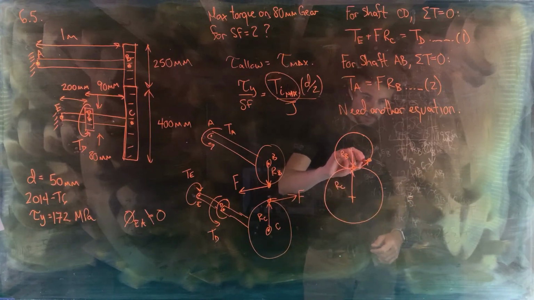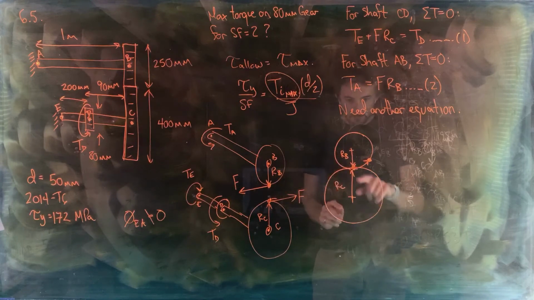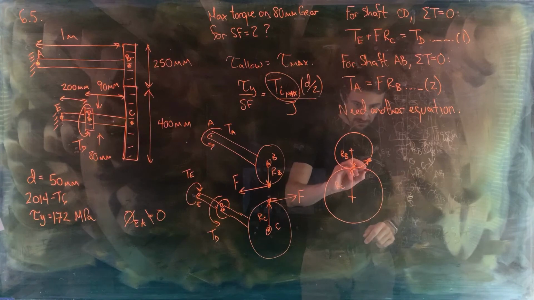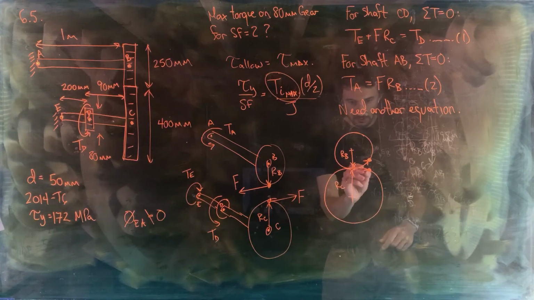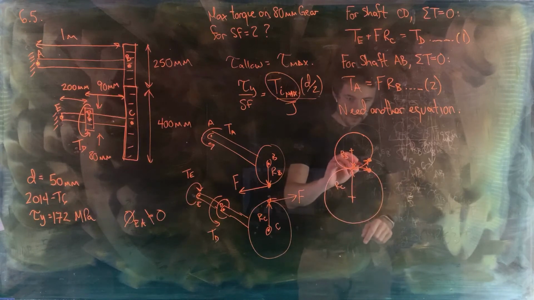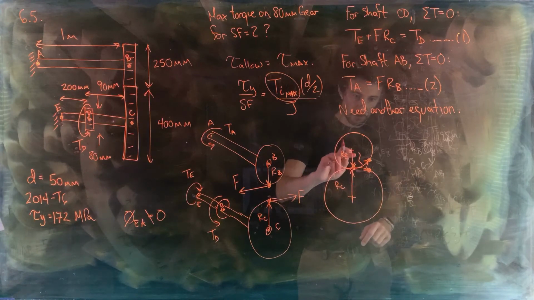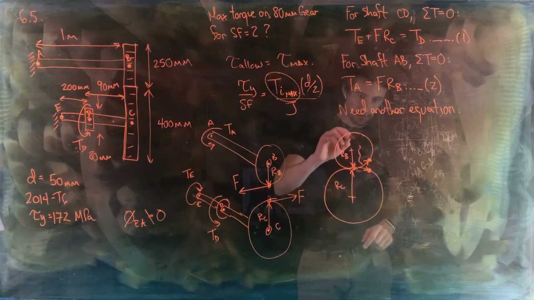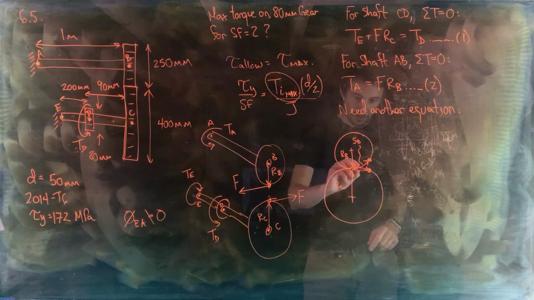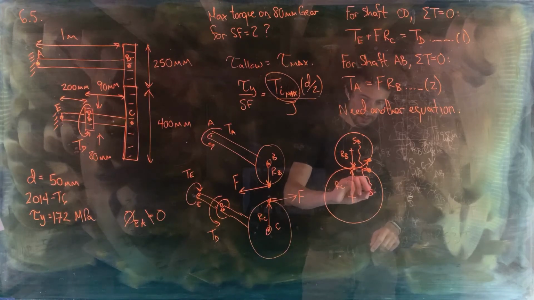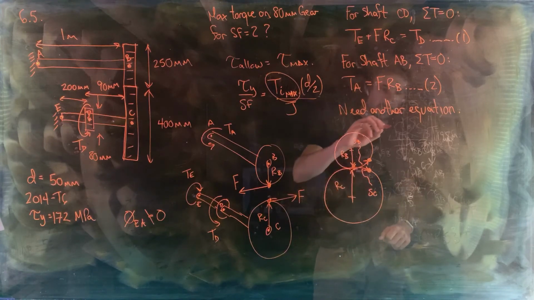That linear distance traveled has to be the same linear distance that the other gear travels, okay? So this distance here, we'll call that some linear distance SB, and this circumferential distance SC, they have to be the same.